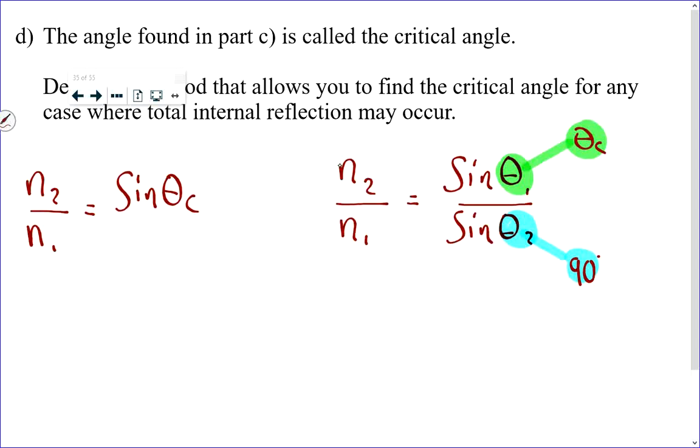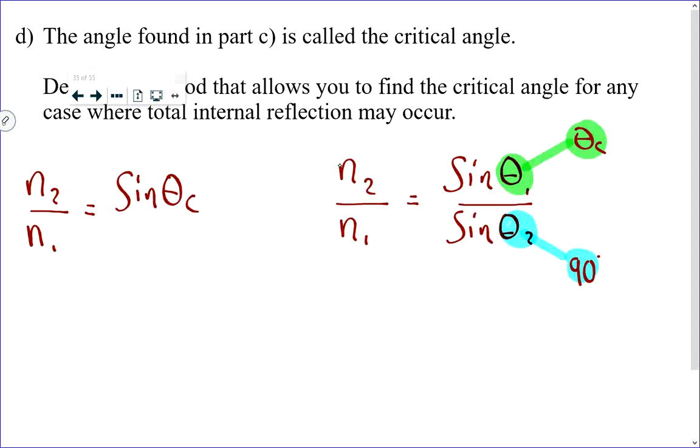I don't want to mess up our work here. This is the answer. We're done with D. But in our example, n2 was 1, n1 was 1.65. Sine of the critical angle was equal to 1 over 1.65. Now, I'm going to erase that because I don't want you thinking it plays a role in what we're doing here.